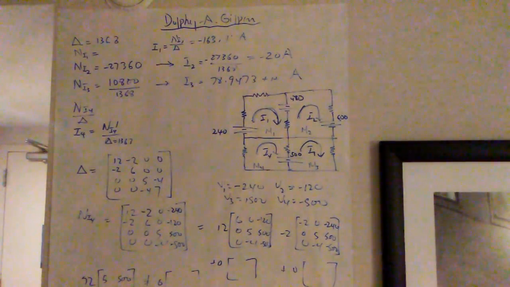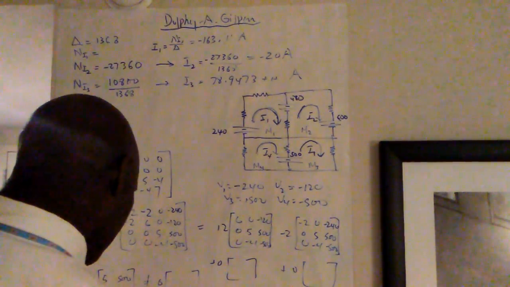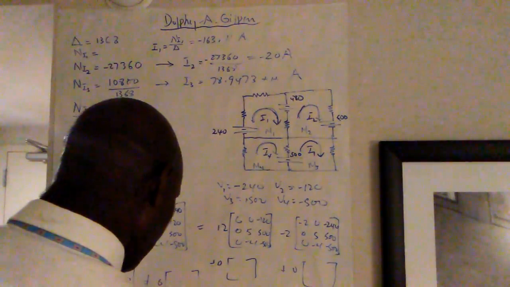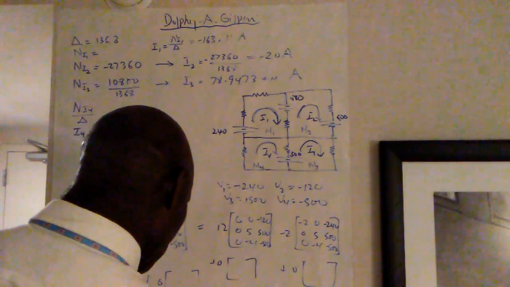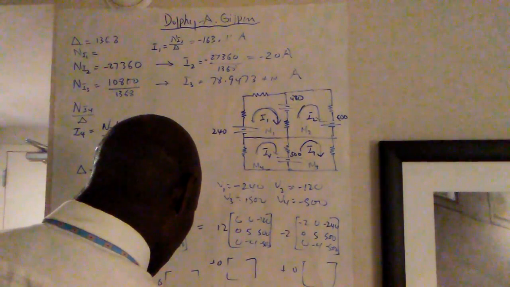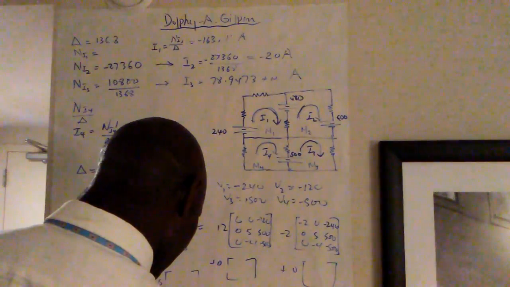So 36,000. So in effect, that will be equal now to minus 36,000 minus 2,000, which is equal now to minus 38,000.